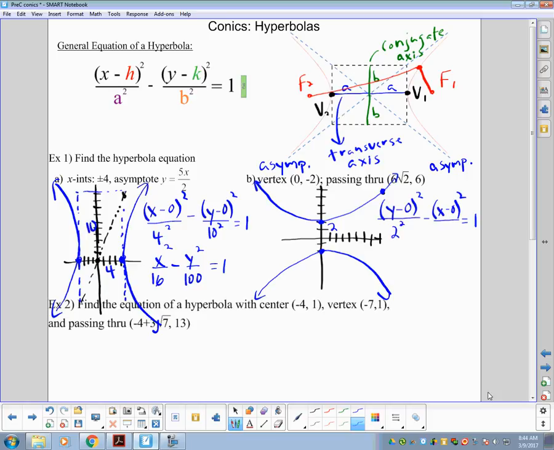Now the question is, how do I figure out what b squared is? Well, this goes back to what you've done before in Algebra 1 with the linear equations. As a matter of fact, the letter you're trying to find is even the same one.